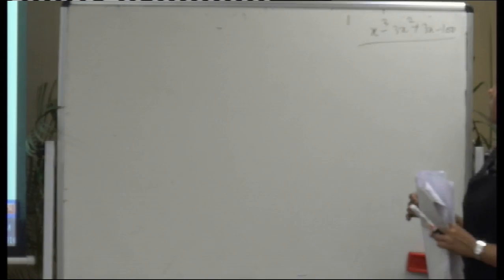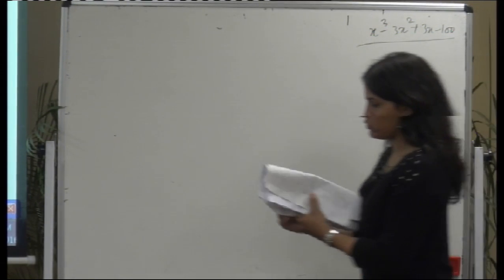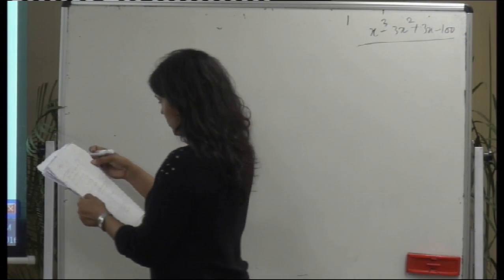This is x cube minus 3x square plus 3x minus 100. What type of function is this? And by the time I'm writing the next question.